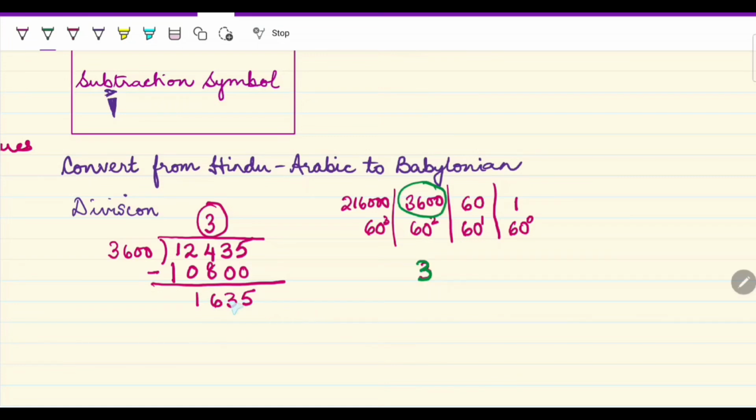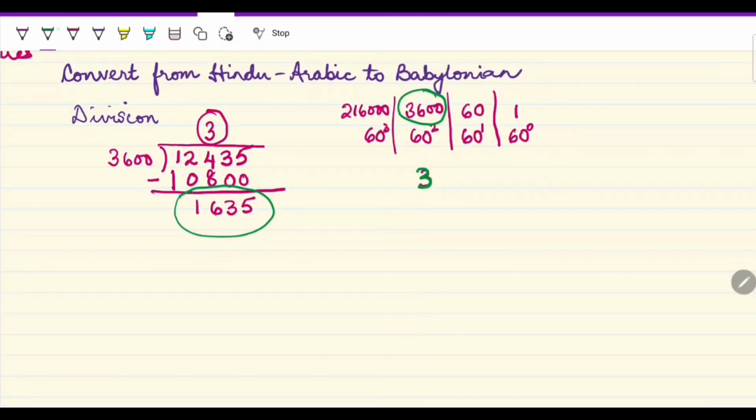In the next step, you take the remainder. So now we are going to take the remainder, 1635, and divide it by the next lower place value, which is 60 to the power 1.